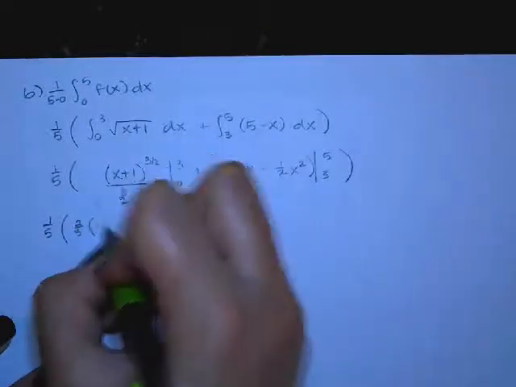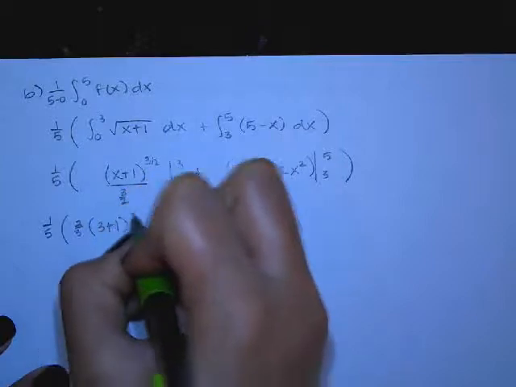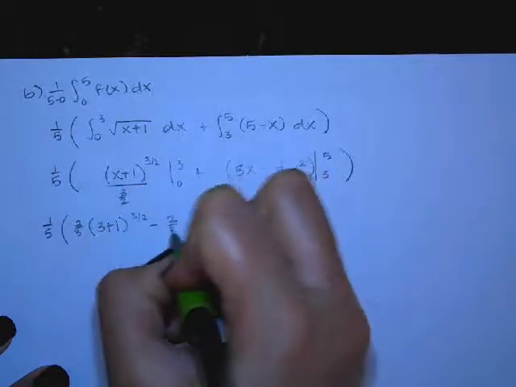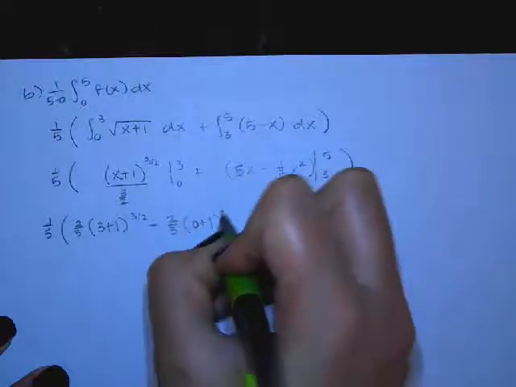I'll go ahead and just start plugging it in. 3 plus 1 to the 3/2 minus 0 plus 1 to the 3/2.